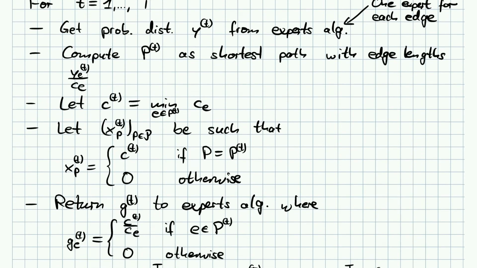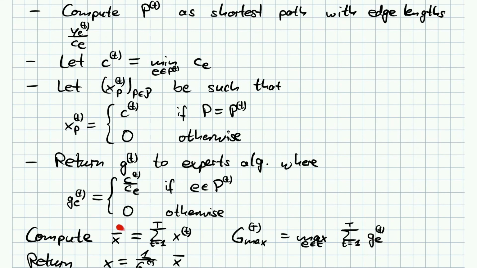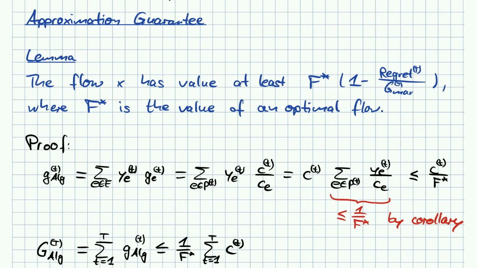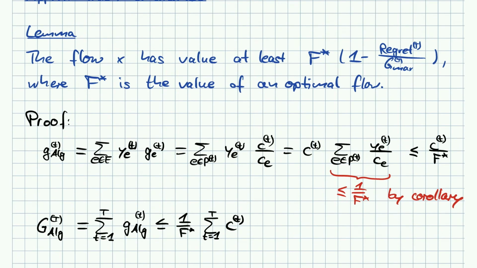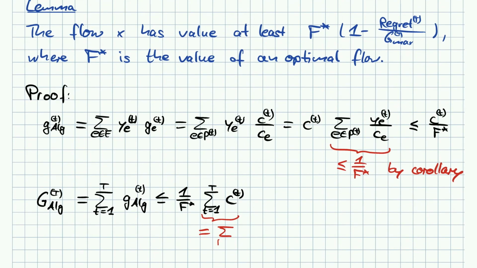And the x bar that we're computing eventually has flow inside it of the sum of all the c_t. So this thing here is nothing but how much flow we have inside this, well, not actually feasible flow x bar, because this was how much we were trying throughout the algorithm to send from the source to the sink.